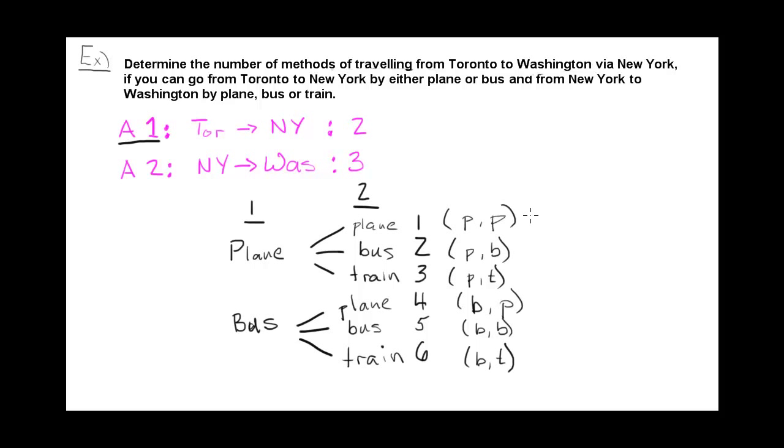Notice these two, the plane-bus and the bus-plane, are different. Even though you're taking a plane and a bus in both, the order matters. So when doing a tree diagram, it's very important to note that order of actions matters.